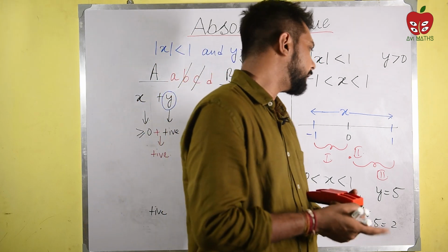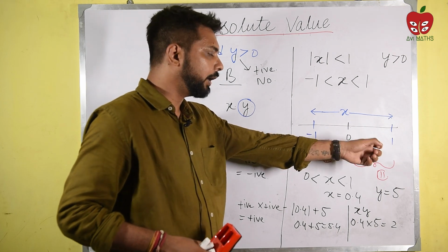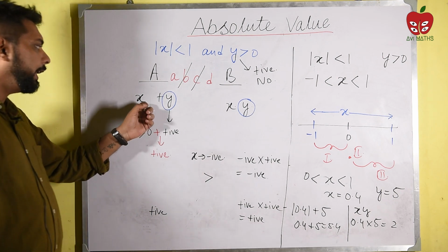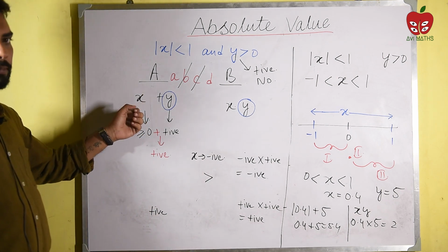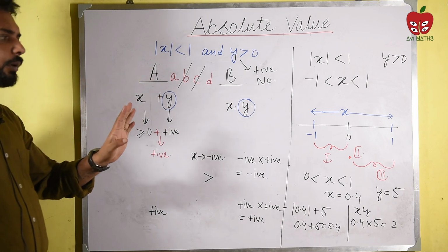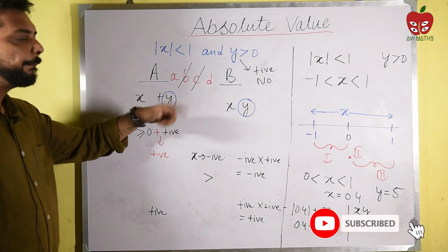Whereas if I am adding a value x, if x is a positive number, whatever the value, lesser or bigger, if I am adding it to a given value, it will make it larger.